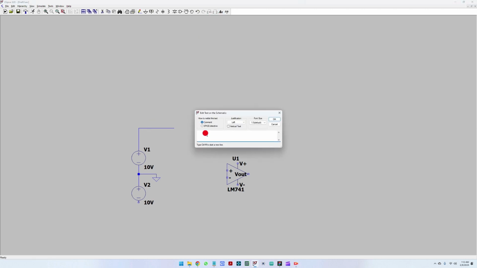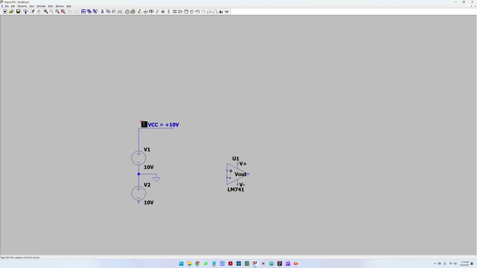One other thing we have to do is to place the ground between these power supplies, because this being a differential power supply, this terminal here, and I'm going to annotate this to make it clear, would be plus VCC, equal to plus 10 volts.